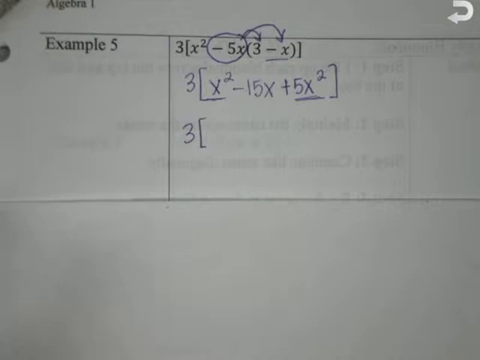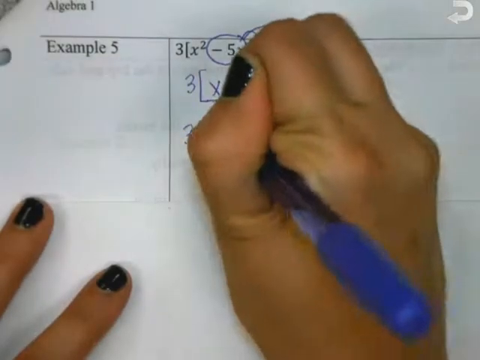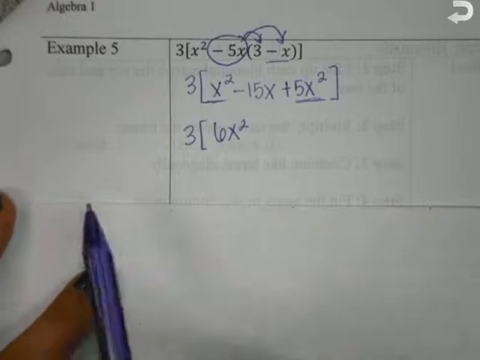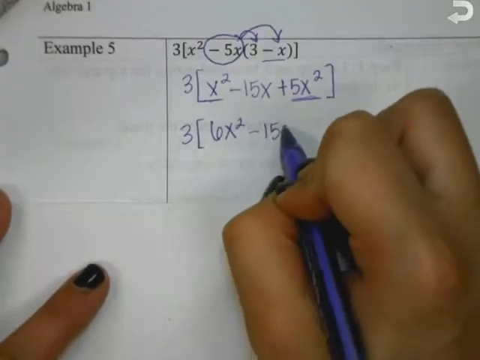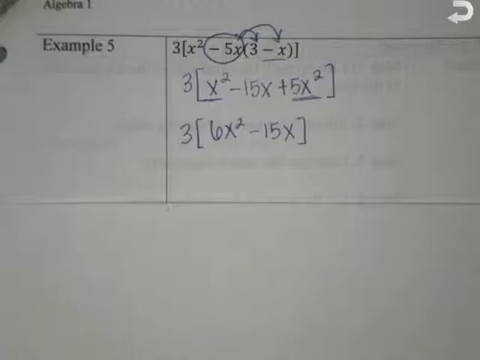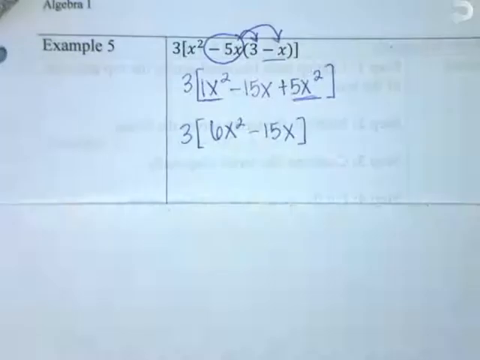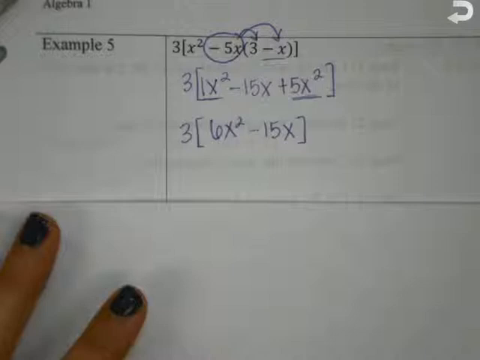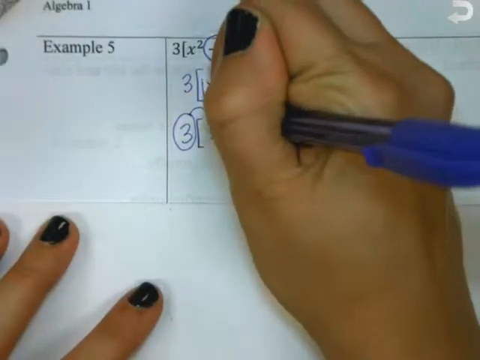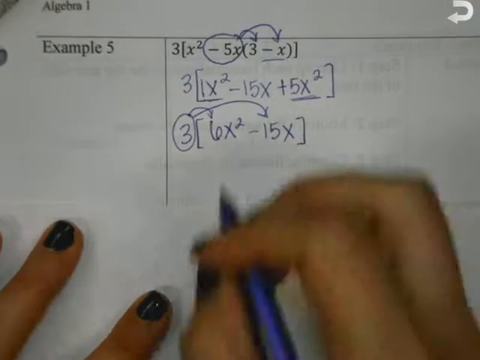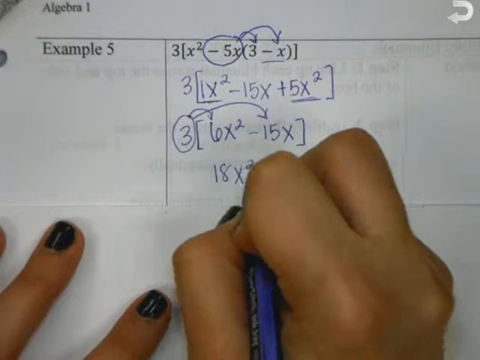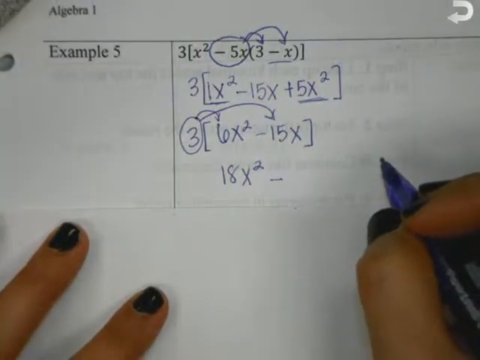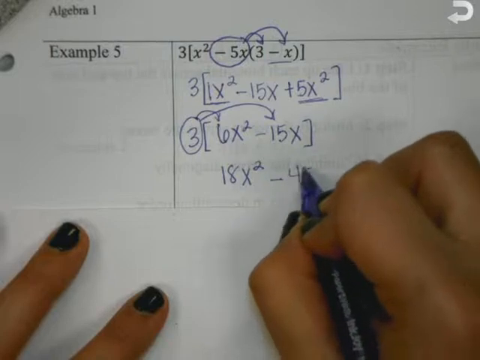It's just combining like terms. X squared plus 5x squared minus 15x. This is a 1x squared. Okay, now we can distribute the 3. So we're going to distribute positive 3, which gives me 18x squared minus 3 times 15 is 45x. Can't combine those, so that's my answer.